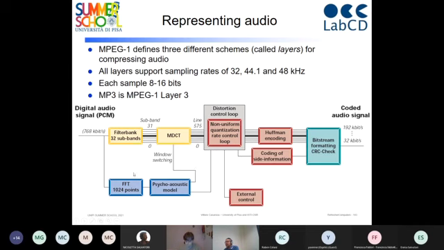This is a different picture, but we go again through the same process as for pictures, meaning that we transform this sound into the frequency domain. We throw away all the frequencies that are not needed. There is even an acoustic model of the ear that will help in throwing away even more frequencies, because there are some phenomena.